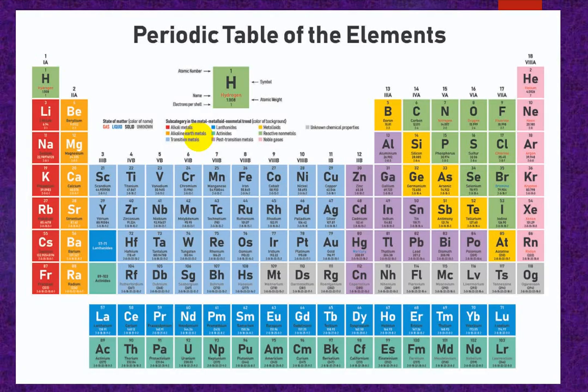So what will be the atomic size change in a group? Atomic radius or size, what will be the trend? Increases or decreases from top to bottom?